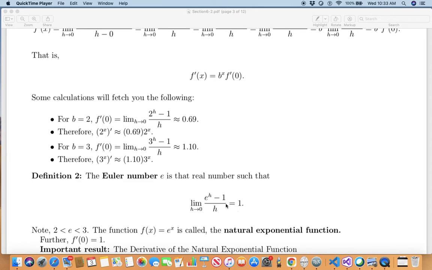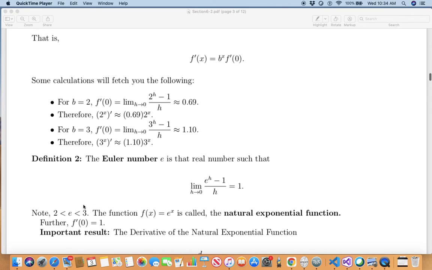That's what we require. The number whose exponential function has derivative 1 at 0 is called the Euler number e. The Euler number e is between 2 and 3, because 2 gives you something like this, 3 gives you something like this, and somewhere in between lies e, whose derivative at 0 is 1.